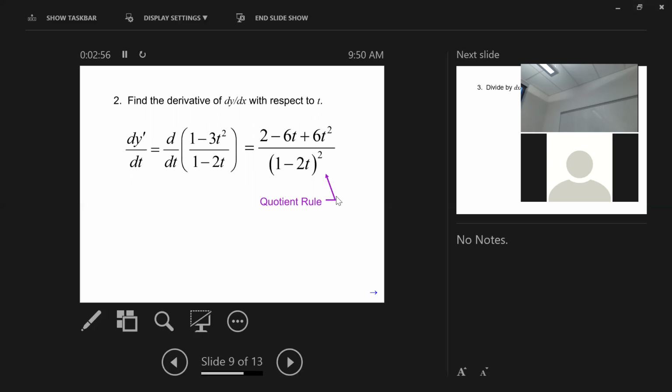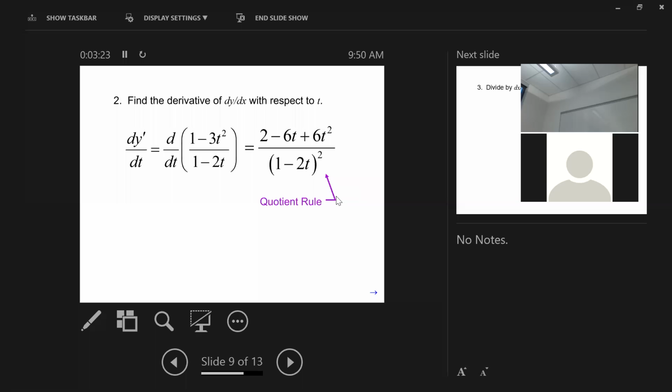The denominator, 1 plus a negative 2t, times the derivative of the numerator, which would be negative 6t. Subtract the numerator, 1 plus a negative 3t squared, times the derivative of the denominator, which is a negative 2.